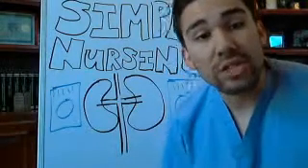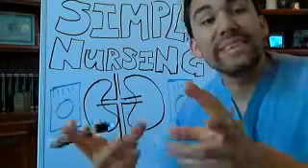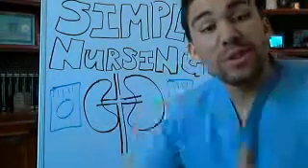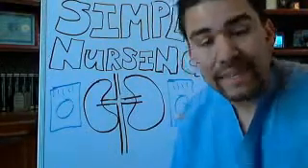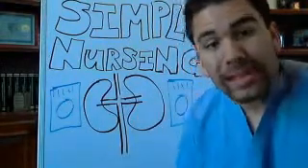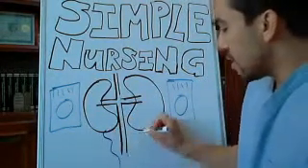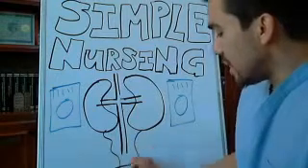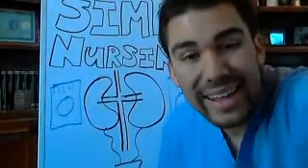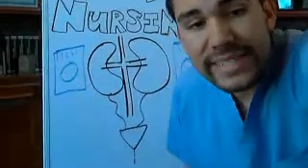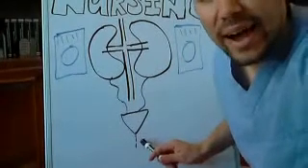What your renals do, or what your kidneys do, is they filter your blood. They're supposed to wash your blood to make sure your blood is clean. After it washes your blood, your kidneys send that dirty blood in the form of urine down the ureters, into the bladder, and into the potty.